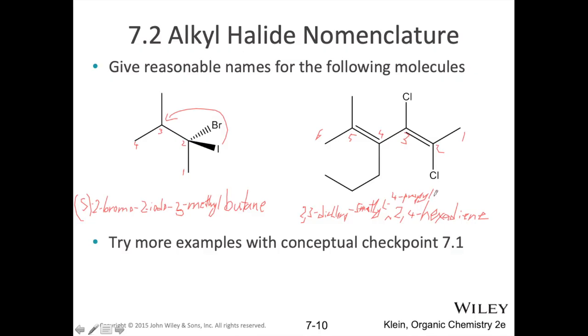This actually would have all been one continuous line, so sorry about that. I'll try rewriting it over here. So far we've got 2,3-dichloro-5-methyl-4-propyl-2,4-hexadiene.